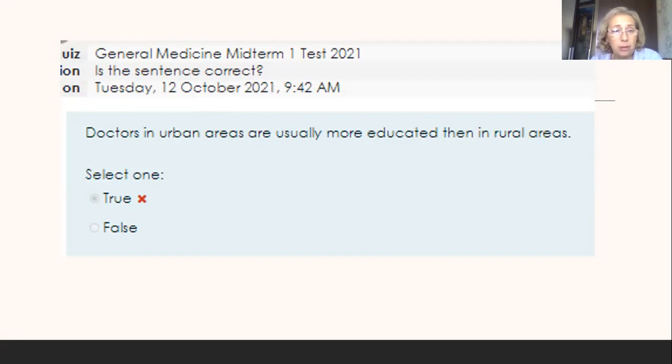And the sentence is, doctors in urban areas are usually more educated than in rural areas. If we don't pay attention to the spelling, to grammar, everything seems to be okay, right? But it's not true. It's false. What is wrong in the sentence?